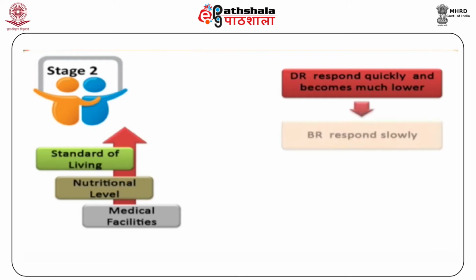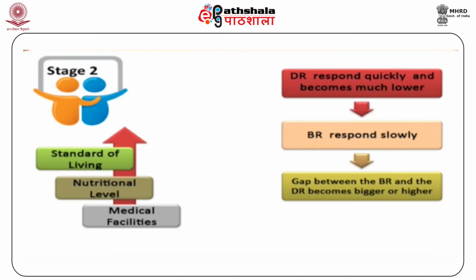But the birth rate, being determined by socio-cultural patterns, religious and other traditions, is slower to respond. It falls, but much more slowly. So, the gap between the birth rate and the death rate becomes bigger. That is, the rate of growth of population starts to rise.